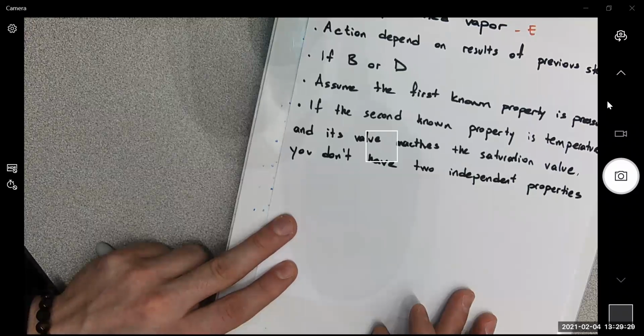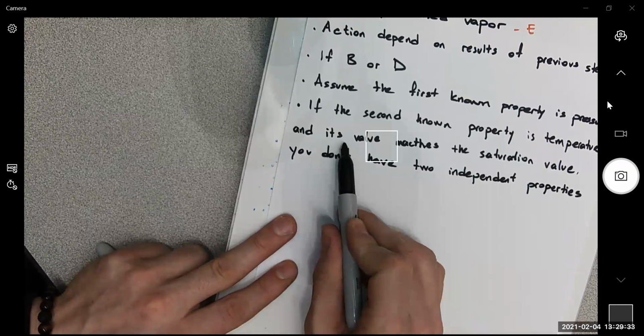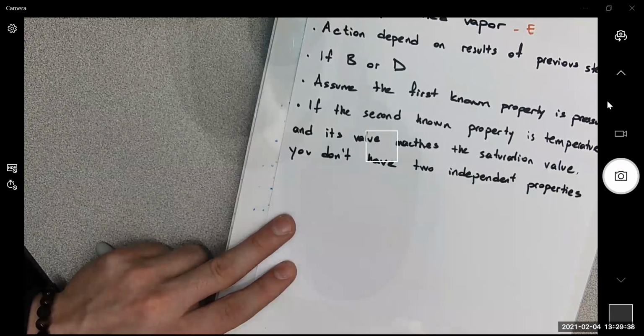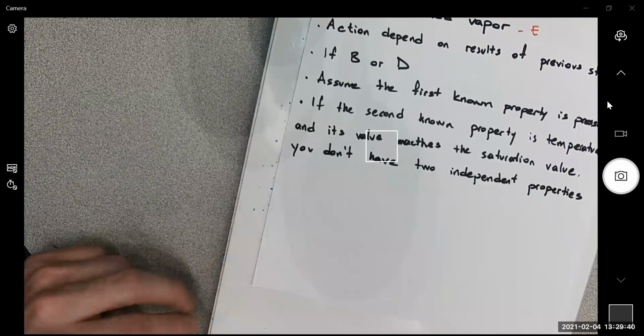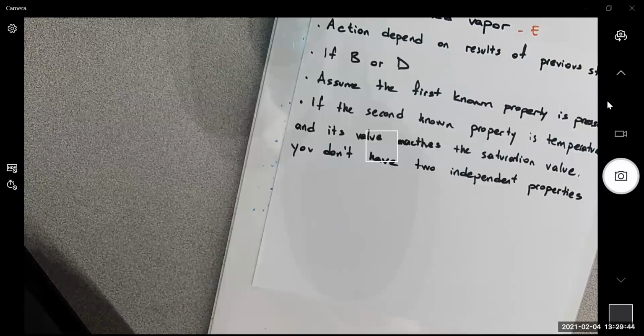Remember the state postulate: to determine the rest of the properties, you need two independent properties.